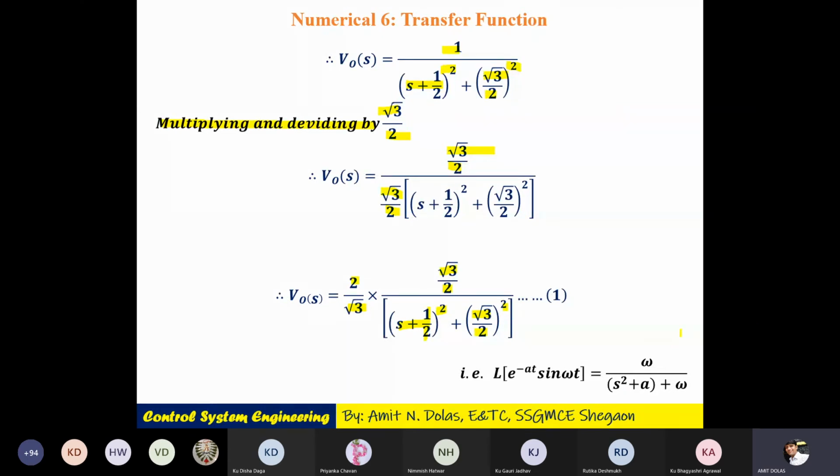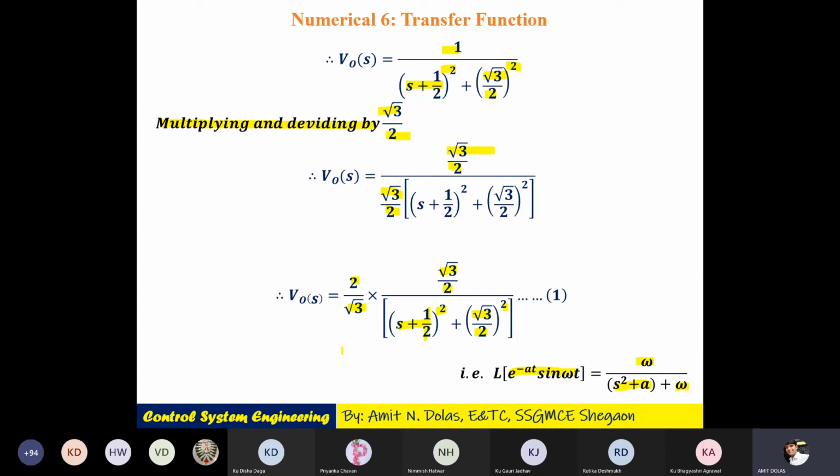And you can have this in the form omega upon (s plus a) whole square plus omega square. The Laplace transform of e raised to power minus at into sin omega t is this.